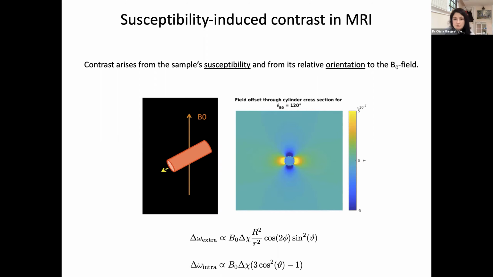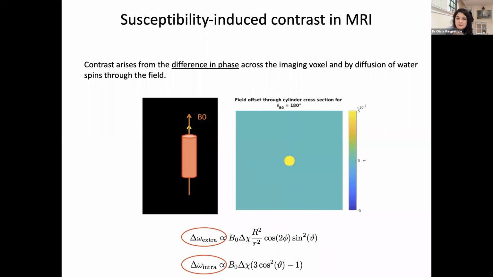So here is an example of a cylinder, which is often used as a toy model for blood vessels, but also for fibers. And this cylinder is changing its orientation to the B0, and field offsets are plotted through the cross-section on the right. And you can see how when the cylinder is parallel, the extravascular field offsets are minimized, and when it's perpendicular, they are maximized.